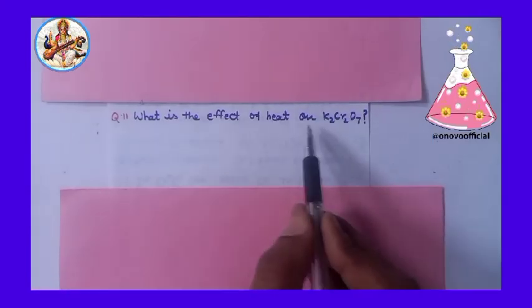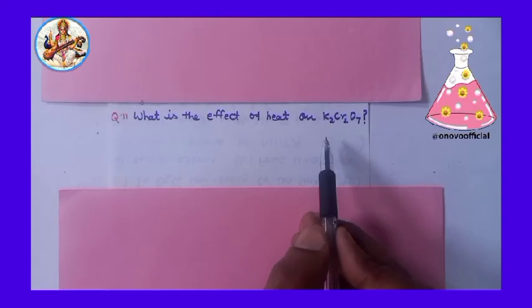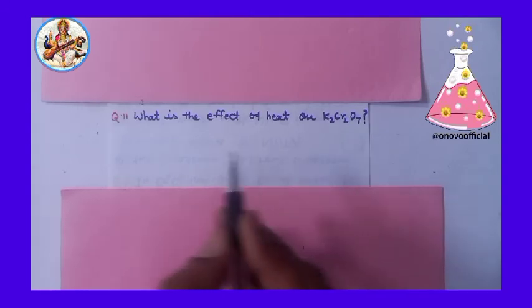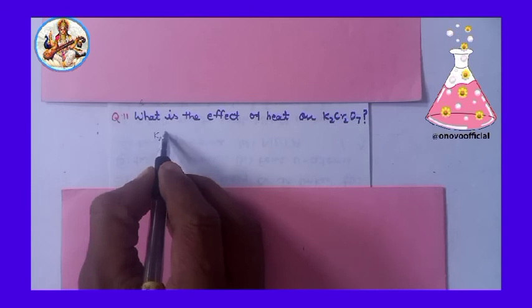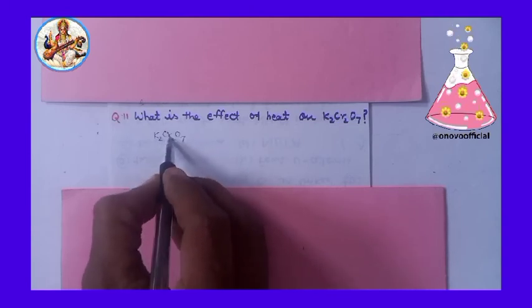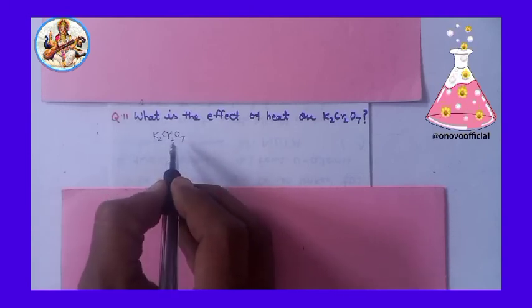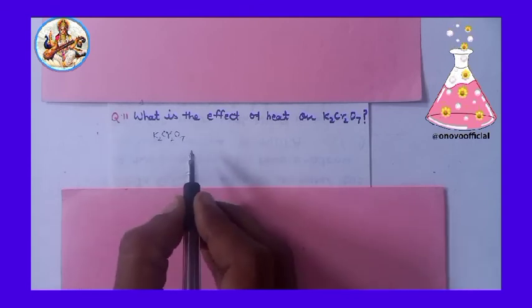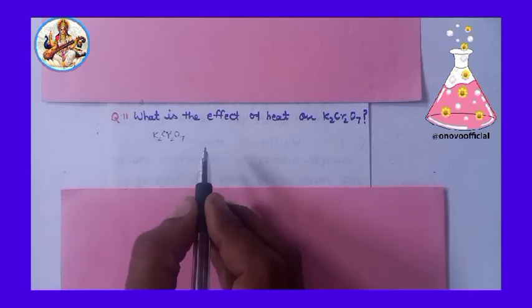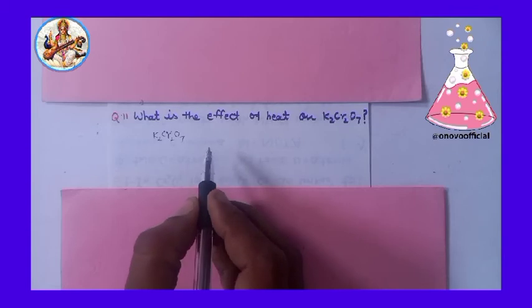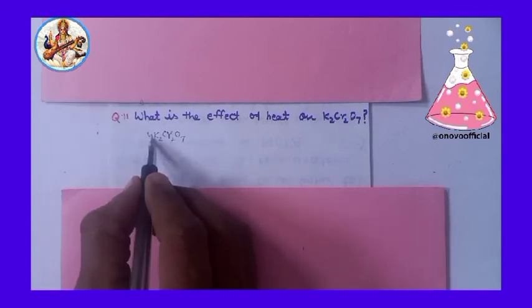Next and last, what is the effect of heat on potassium dichromate? The answer: on heating potassium dichromate, it decomposes into potassium chromate and chromic oxide.